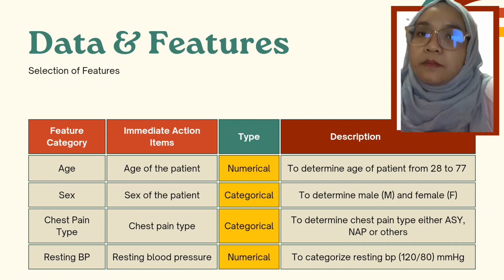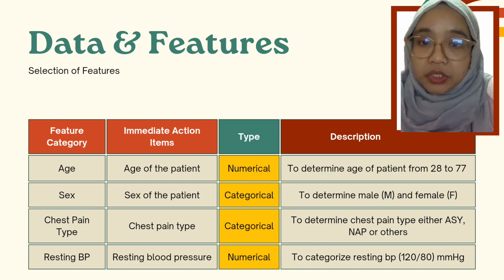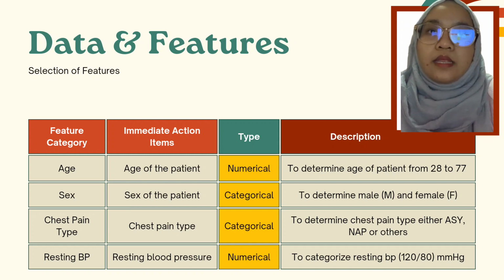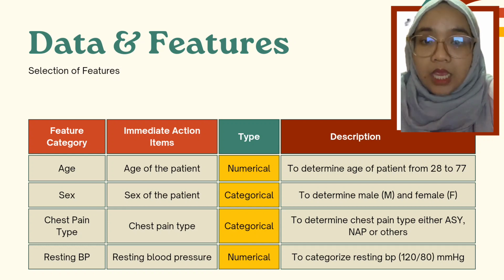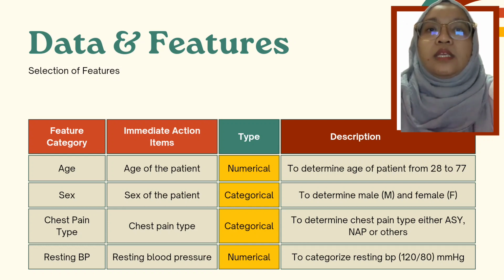Next, resting BP, which is resting blood pressure. The type is numerical, and it categorizes resting BP, around 120 over 80 mmHg.